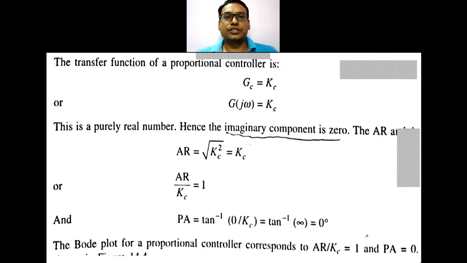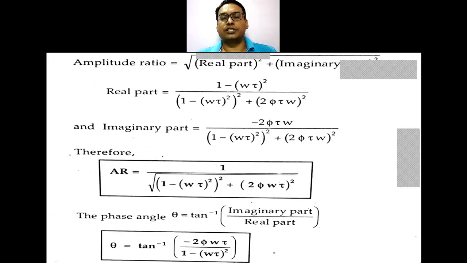The next is the transfer function. So this is related to the second order system. First we have talked about the transfer function related to the first order, then we talked about the transfer function of the second order.